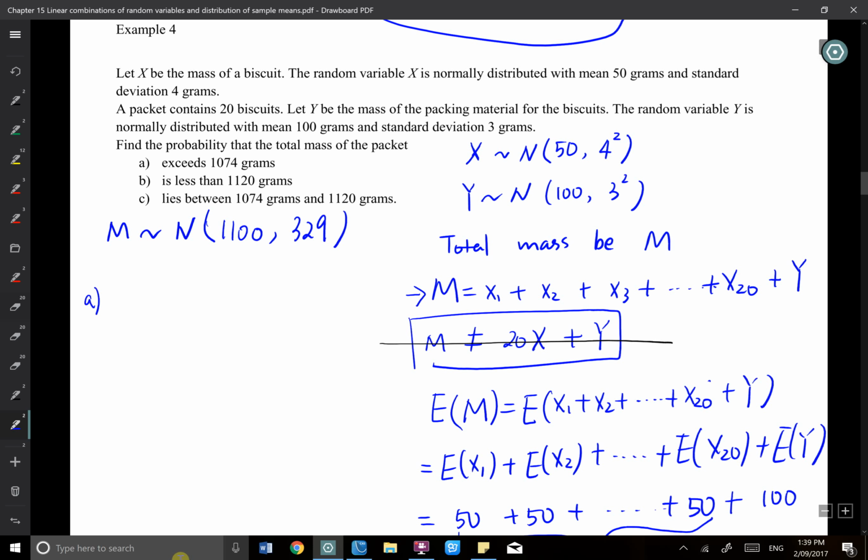So part A is asking the probability that M is greater than 1074.